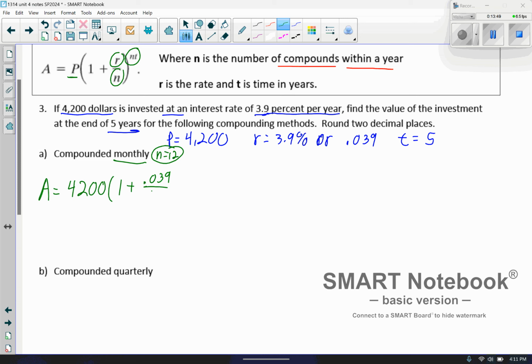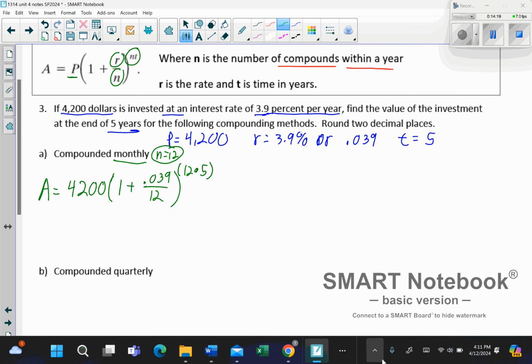Then raised to the power of n times t, so this is where that parentheses comes in. You're going to want to do 12 times 5. n is 12 and t is 5 years. You could clean this up a little bit, but I would just put this in the calculator, and as long as you use those parentheses in the right places, you should be in pretty good shape.